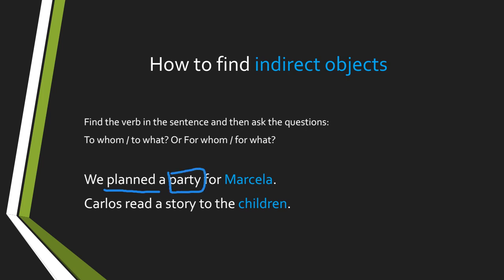So in this case, we know that party is our DO, right? Our direct object, because what did we plan? We planned a party. We didn't plan Marcella. And then we can ask, so then for whom did we plan the party? Well, in this case, it's Marcella. And so Marcella is our indirect object because that's who we planned the party for.